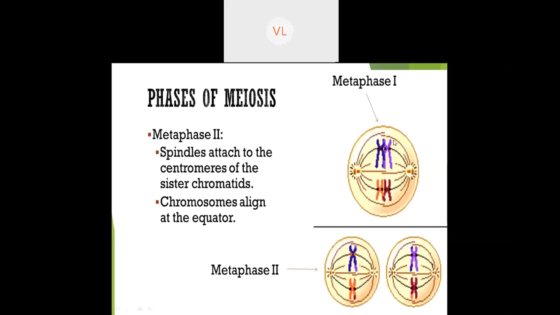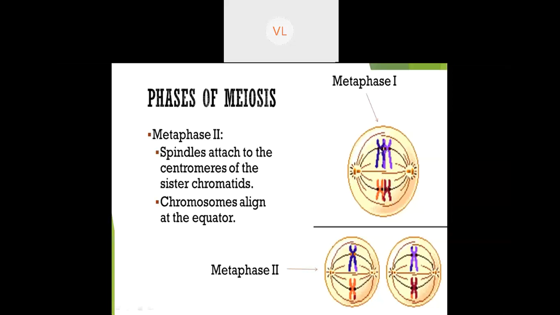You can see two pairs of chromosomes here and two pairs downside, so they will meet here. This will happen in metaphase 1. It will also be connected at the centromere. I hope you remember centromere.